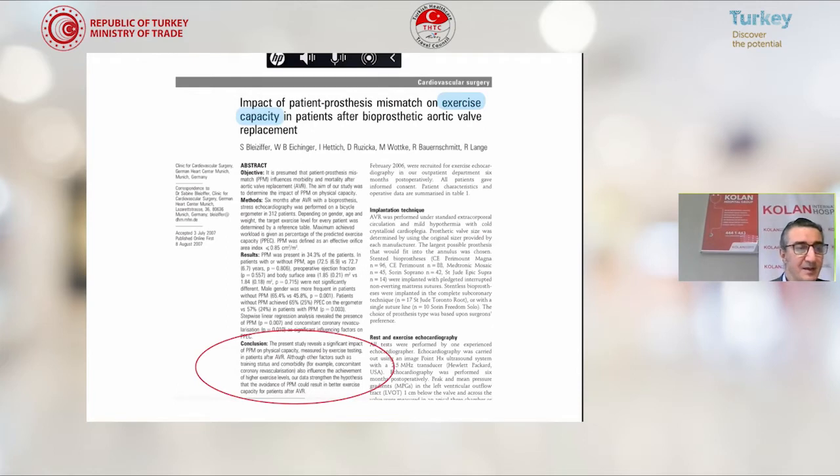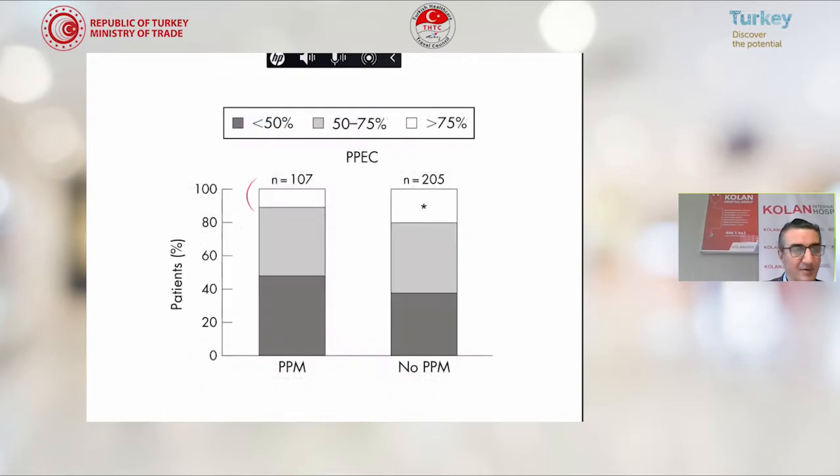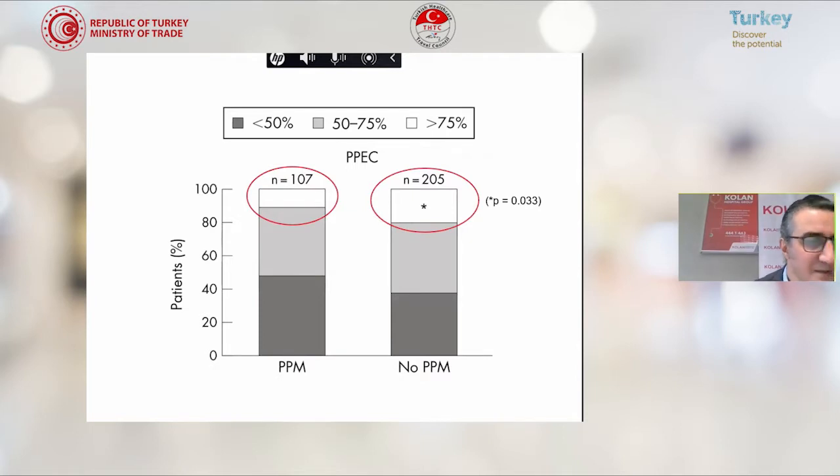They determined a significant impact of PPM on physical capacity in patients after aortic valve replacement. Here you see the distribution of predicted exercise capacity in patients with or without patient-prosthesis mismatch. They found that exercise capacity is significantly impaired in patients with patient-prosthesis mismatch.